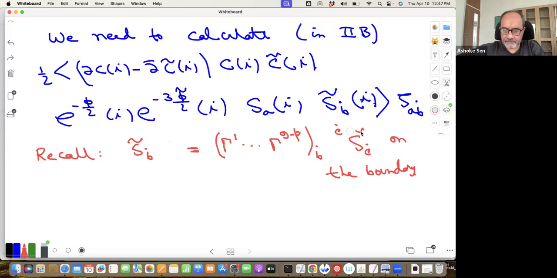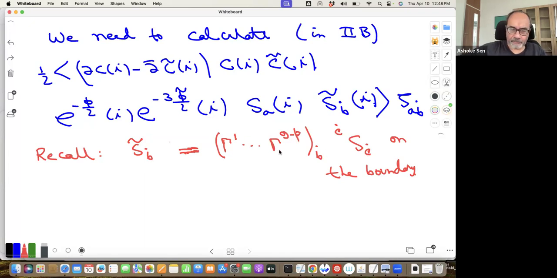You remember this? This is what we had determined last time, right? What kind of boundary condition is there on the spin fields? And for type 2B, where p has to be odd, that's what we had found, because we have to replace S tilde B dot and S C dot. So in type 2B, we have a boundary condition that S tilde B dot is given by this. Is this clear? The fact that these two are the same is related to the fact that p is odd.